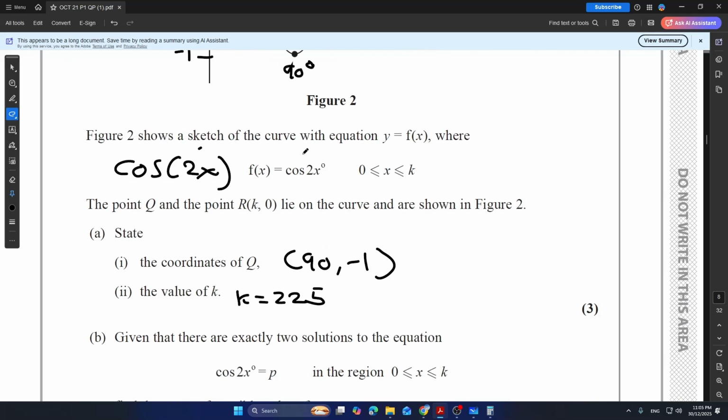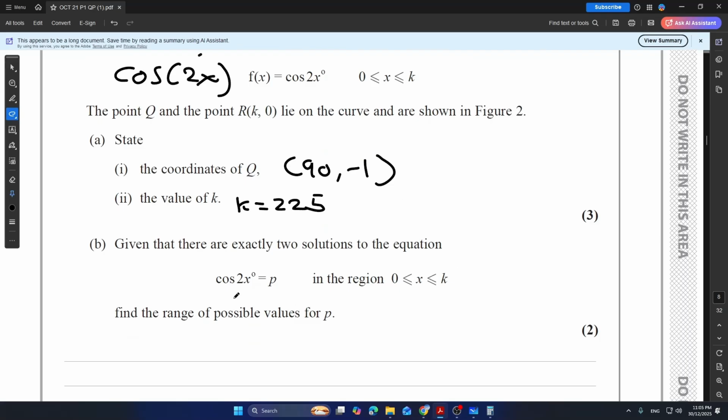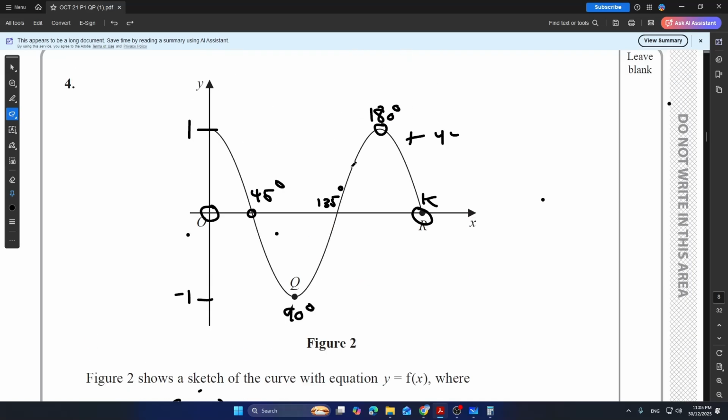P can be any number, but p represents a line parallel to the x-axis, like this. Now it says we have two solutions. What are the possibilities of us having two solutions?